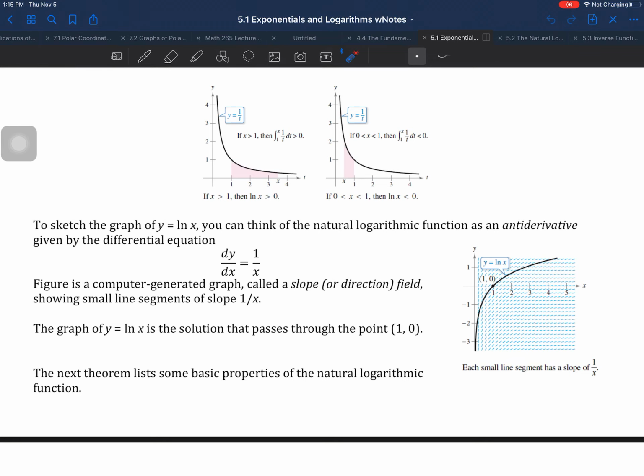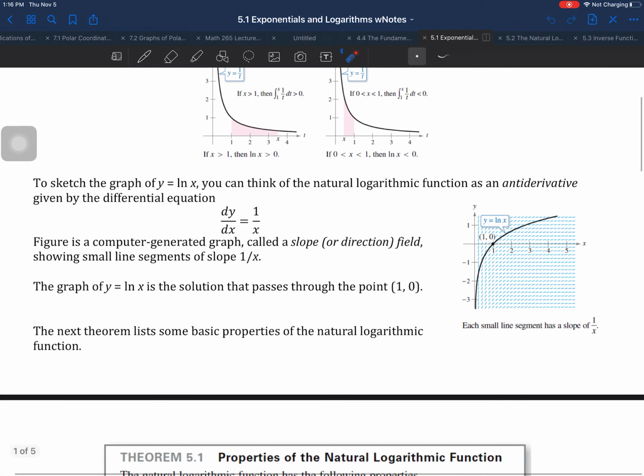To sketch the graph of the natural log of x, you can think of the natural logarithm function as an antiderivative given by the differential equation dy/dx equals 1 over x. The figure is a computer-generated graph called a slope field, or direction field, showing small line segments of slope 1 over x. These are just a bunch of slopes at every single point.